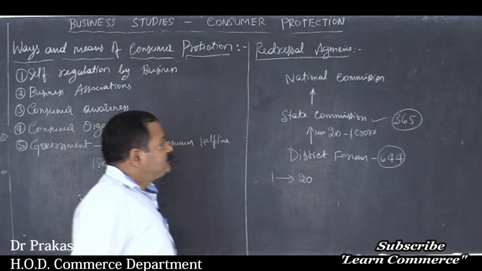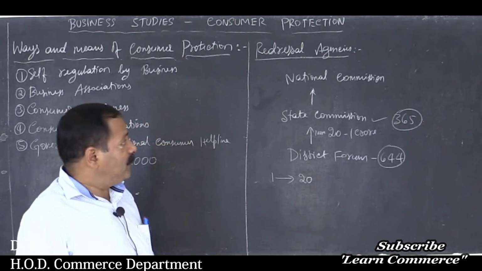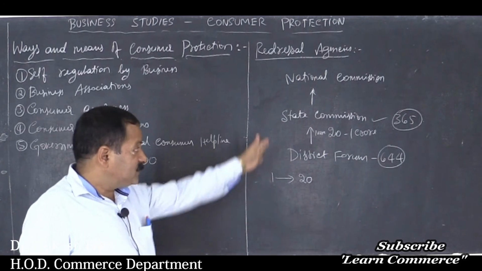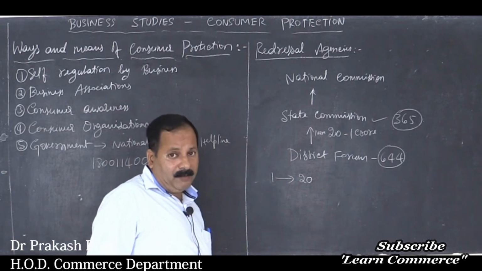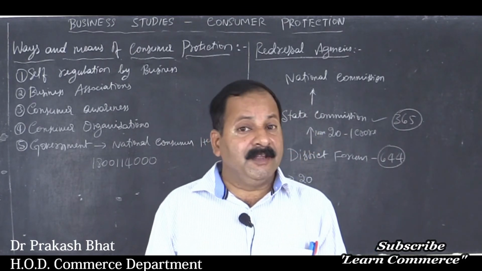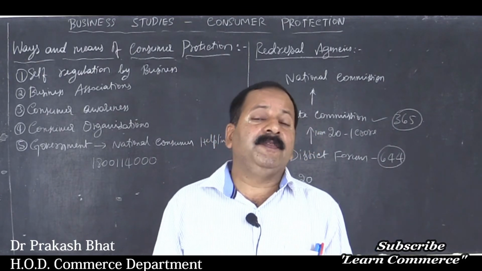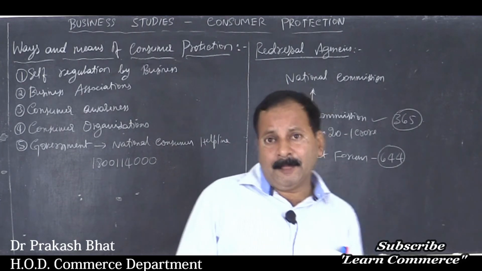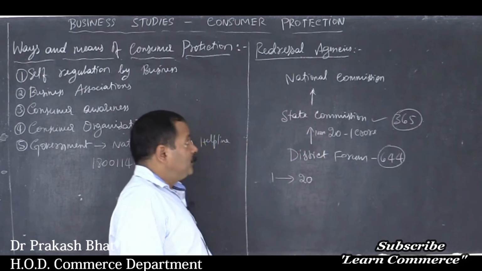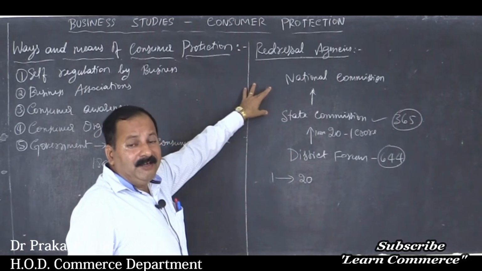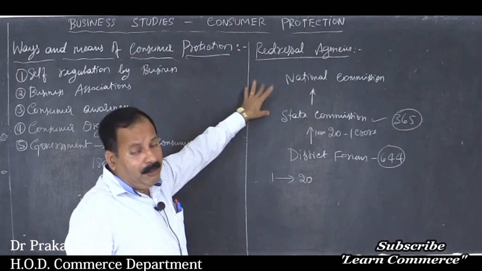The award will be given by the national commission by following the same procedure as the state commission and district forum, and the order can be challenged within 30 days of the date of the order in the Supreme Court. The aggrieved party can challenge it in the Supreme Court, and the Supreme Court is the final authority, and whatever decision is given by the Supreme Court is binding on both the parties.